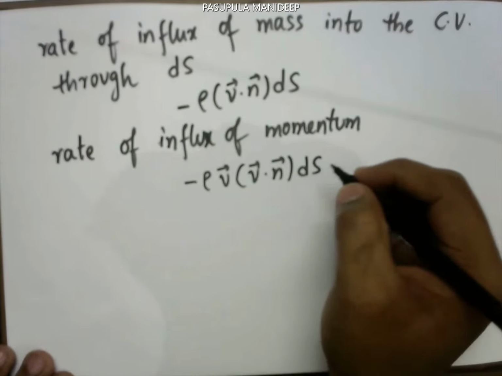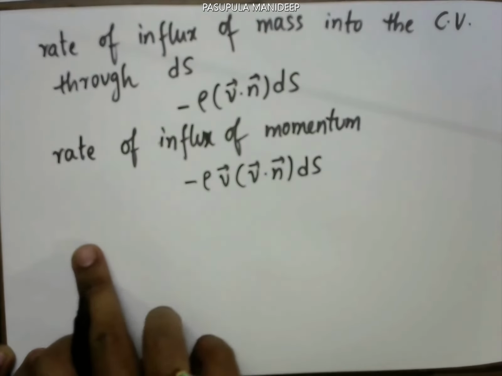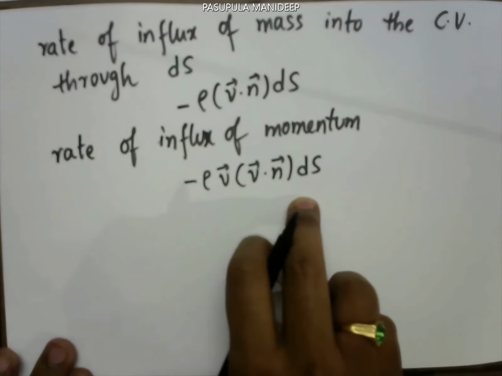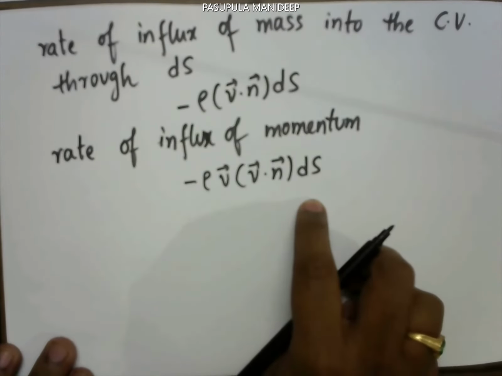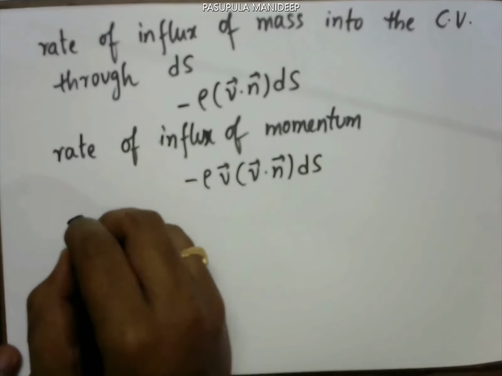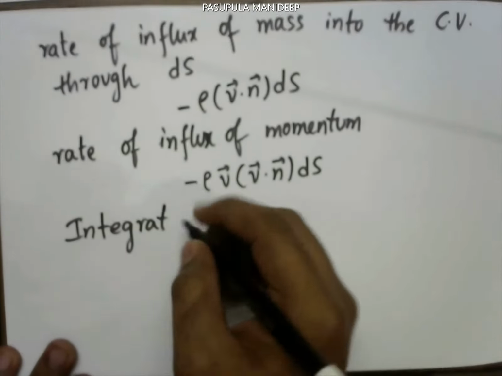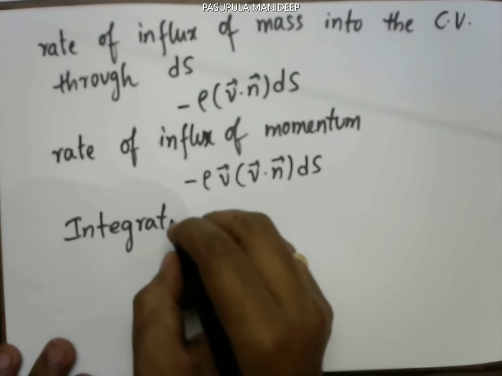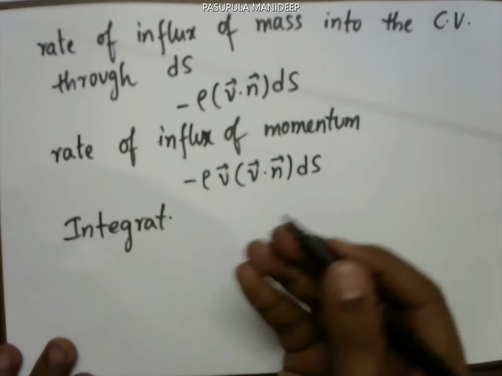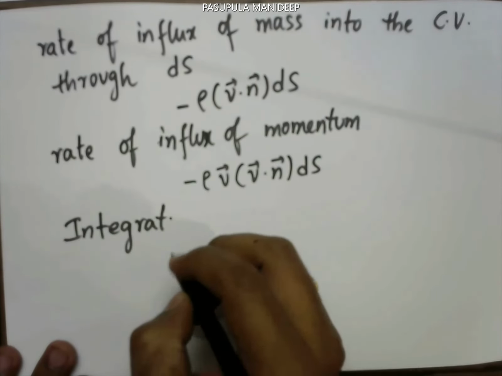Integrating this over the entire control surface will give us the net rate of influx of momentum, the net rate at which the momentum enters the control volume with the flowing fluid.